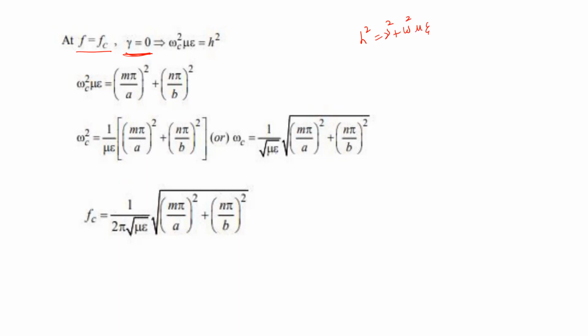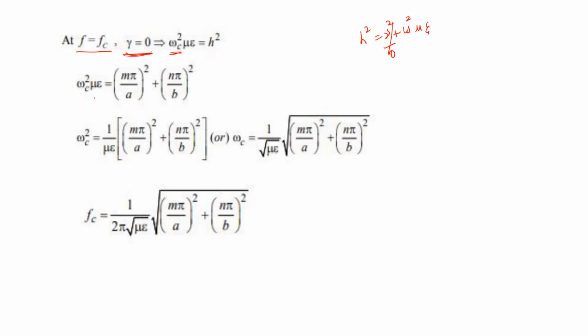Is it not? So, from this, when gamma becomes 0, h square can be written as omega square mu epsilon. Now, since gamma is becoming 0 at f equal to fc, this omega can be written as omega c. So omega c square mu epsilon is equal to h square.